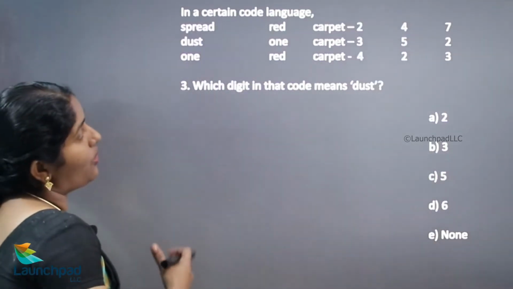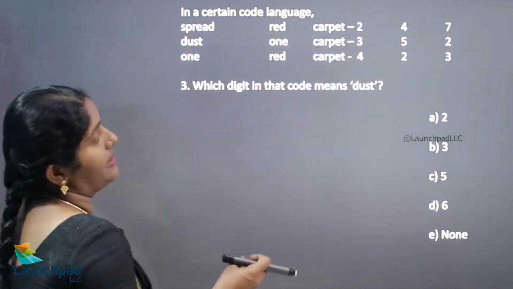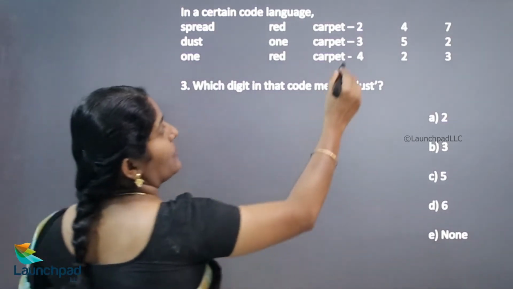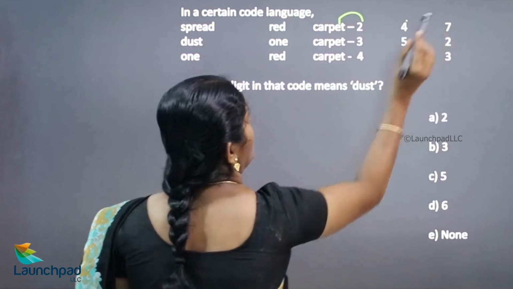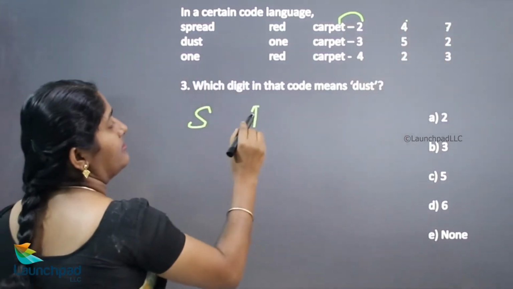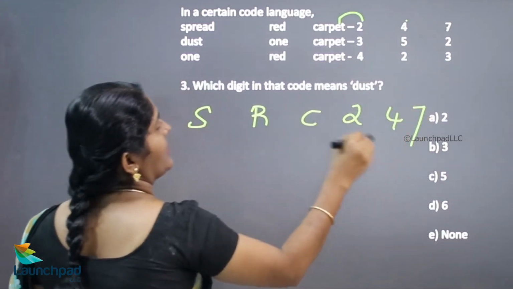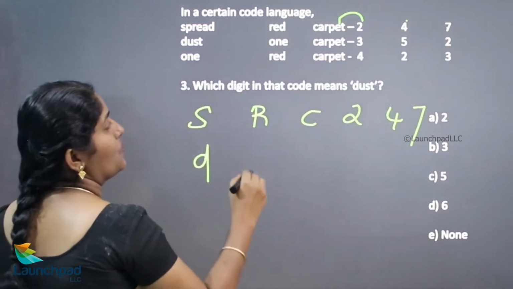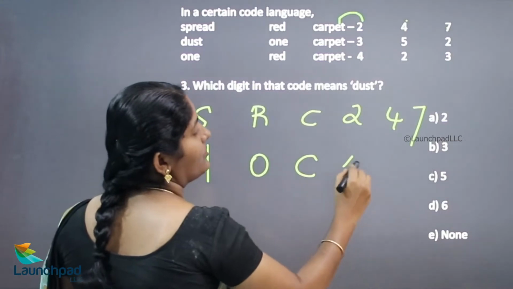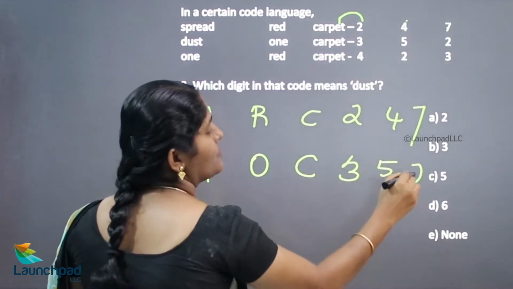In a certain code language, "spread red carpet" stands for 2, 4, 7. After that, "dust 1 carpet" is 3, 5, 2.